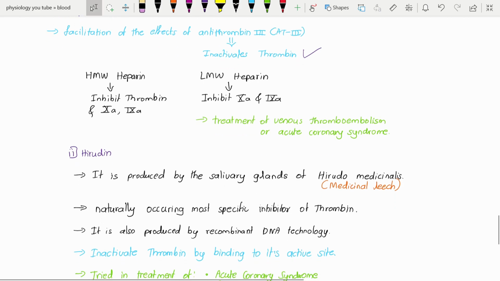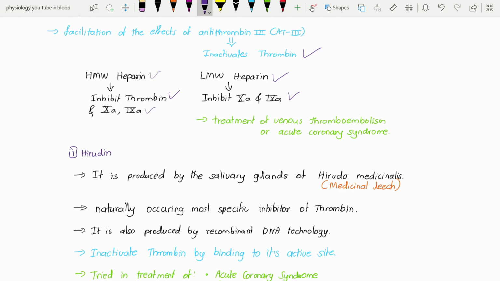There are two types of heparin: high molecular weight heparin and low molecular weight heparin. High molecular weight heparin inhibits thrombin, factor 10A and 9A, all of them. Low molecular weight heparin inhibits factors 10 and 9. So how to remember them? High molecular weight has more functions.